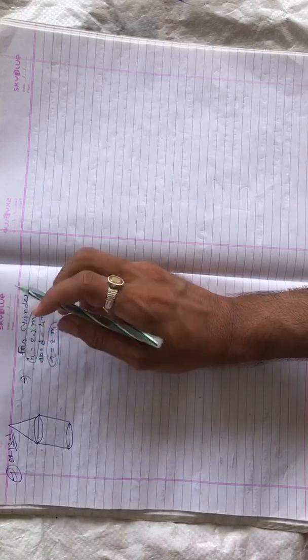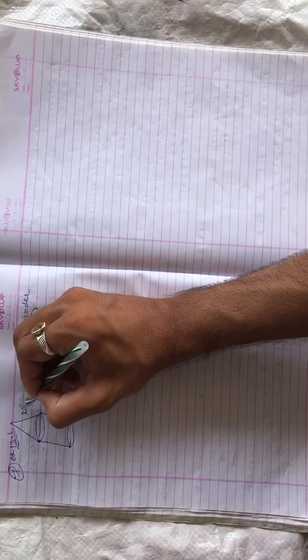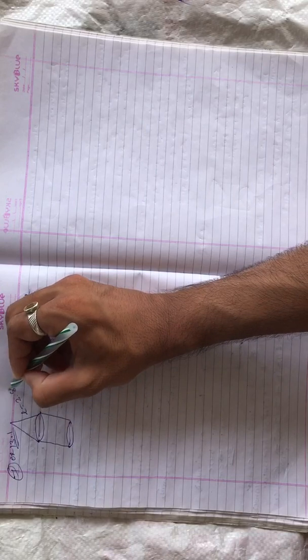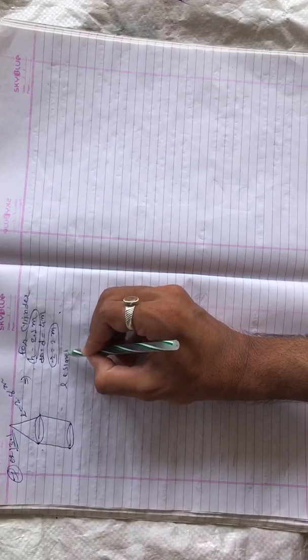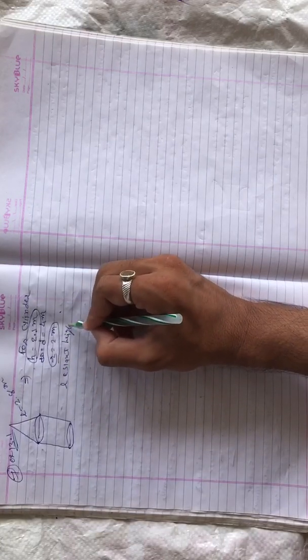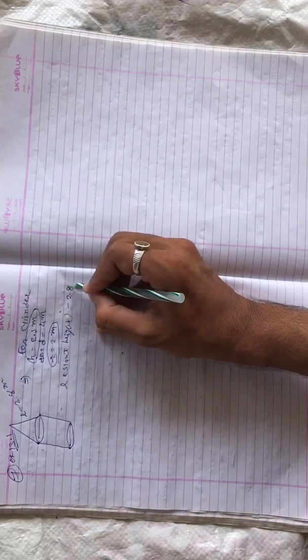The slant height of the top, slant height means l, is given as 2.8 meters.